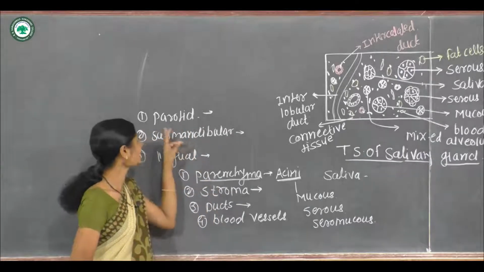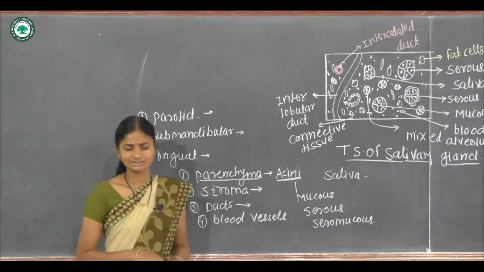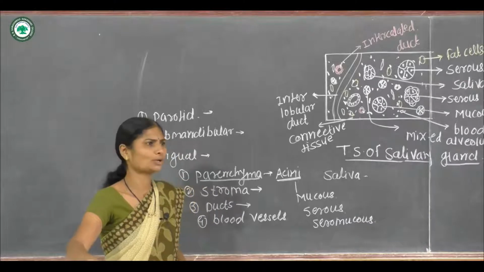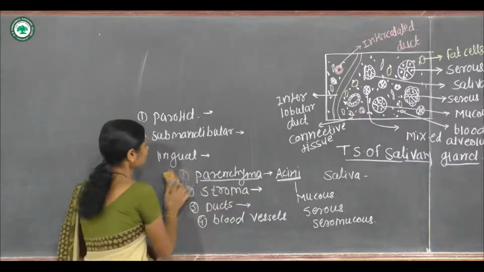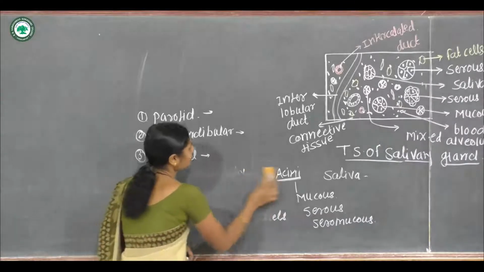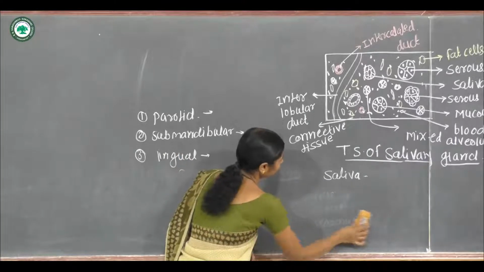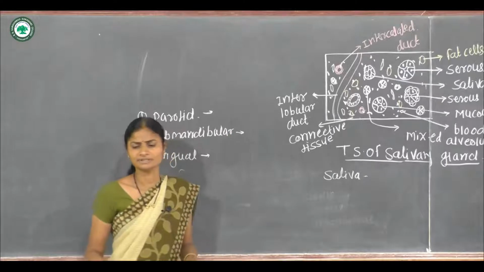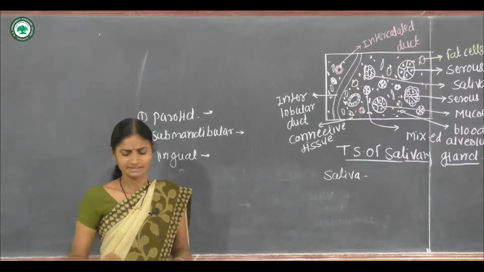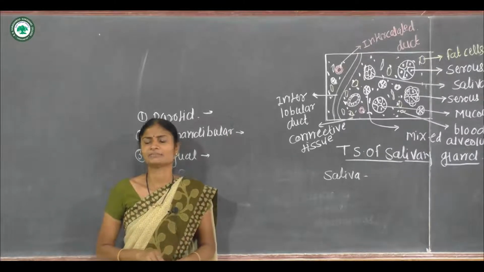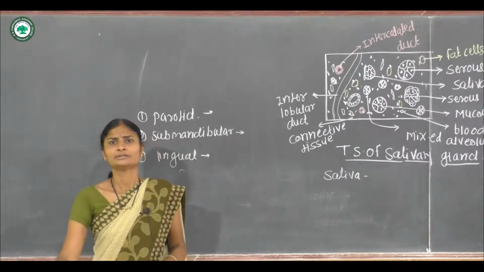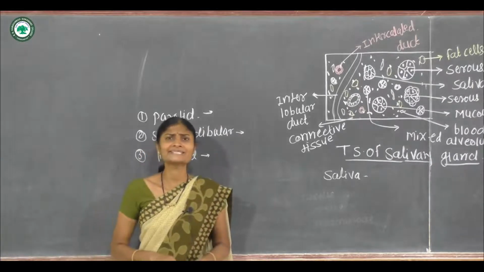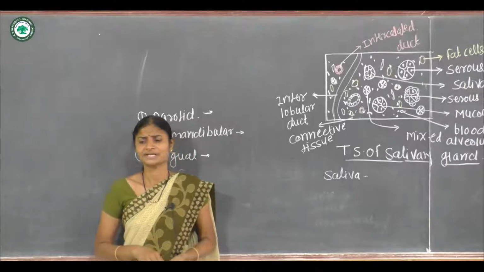Let us start with the parotid gland. The parotid gland is the largest gland among the salivary glands. Parotid glands are present in man, dog, as well as cat and rabbits.